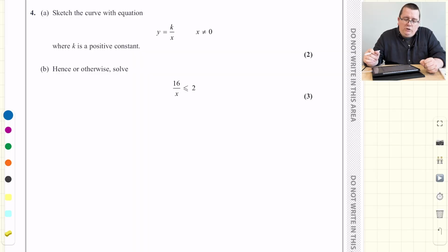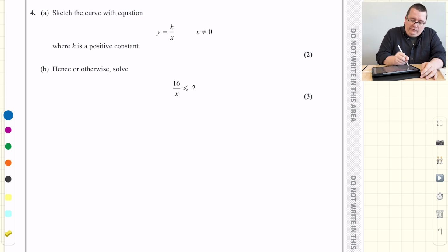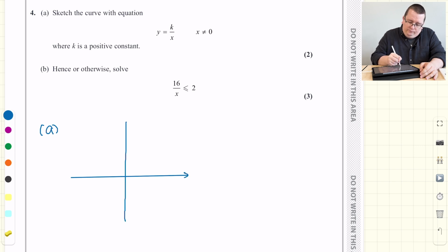So this is question number 4. Part A, sketch the curve with equation y equals k over x, where x is not equal to 0, where k is a positive constant. Okay, so let's set up some axes. So y equals k over x. Well, 1 over x is a graph that will look like this.